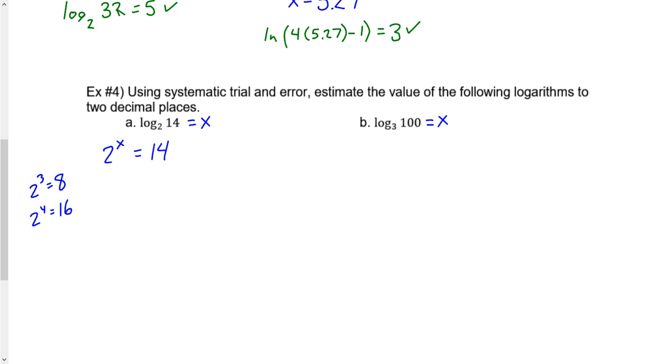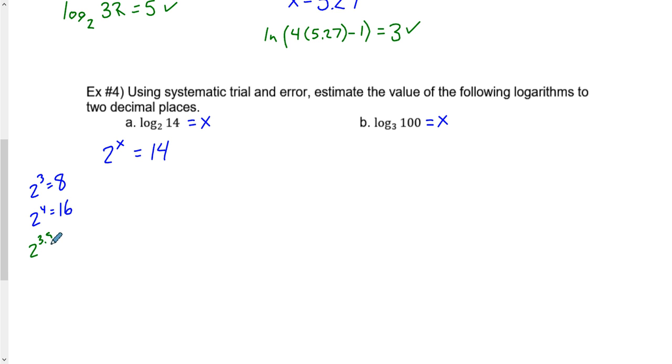So obviously it's going to have to be on the higher end of 3. Let's try 3.7. So 2 to the power of 3.7. I get 12.99. Okay, not good enough. 2 to the power of 3.8 is 13.4288. Okay, not close enough. If you go to 3.9, it's 14.92, which is too far.